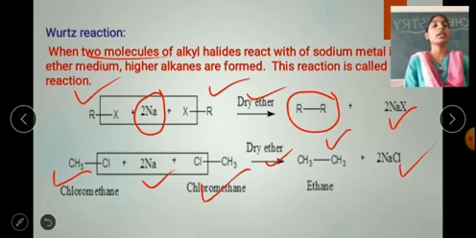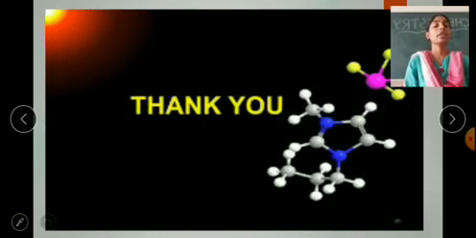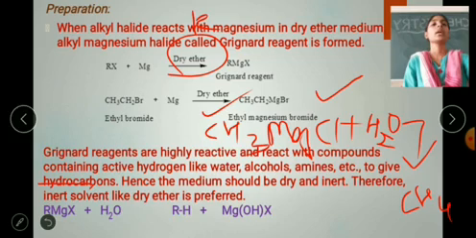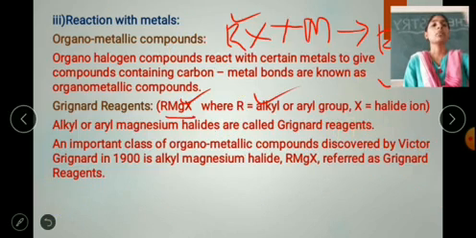So I think you have understood what I have told today, right? One is the Wurtz reaction, another one is the Grignard reagent. About the Grignard reagent I have told today: reaction with metals, organometallic compounds.